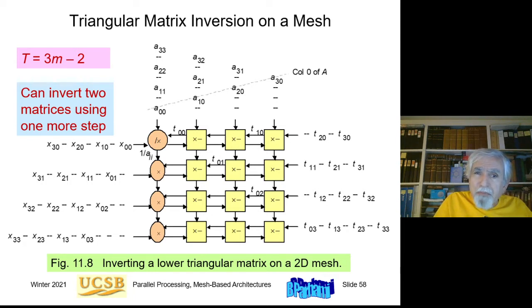This is the triangular coefficient matrix. These are the various columns of the identity matrix coming in. So the values actually input are zeros and ones. This is column 0 of the identity matrix. This is column 1. This is column 2. This is column 3. I've given these general names because these values change as they go through.